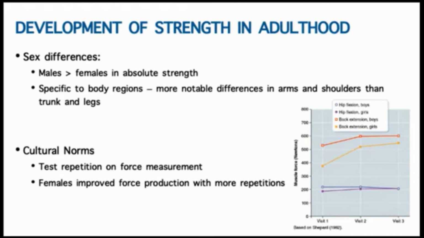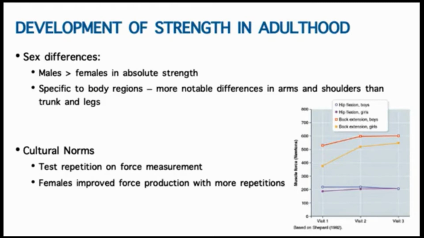We also have strength related to specific body regions. So males tend to have more notable differences in the arms and shoulders, and then we have differences in the trunks and legs. Typically, again, overall strength is going to be higher in males versus females, which we can see in the graph on the bottom.